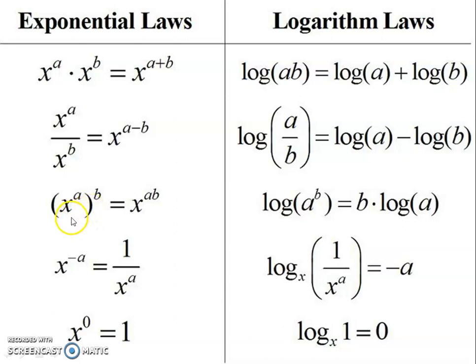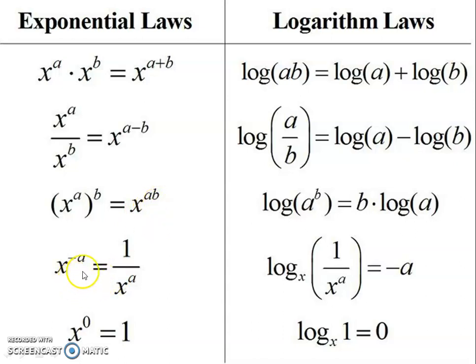Now x raised to a, bracket raised to b, is equal to x raised to a into b. That means x raised to any number and the bracket raised to any number, the indices are multiplied.